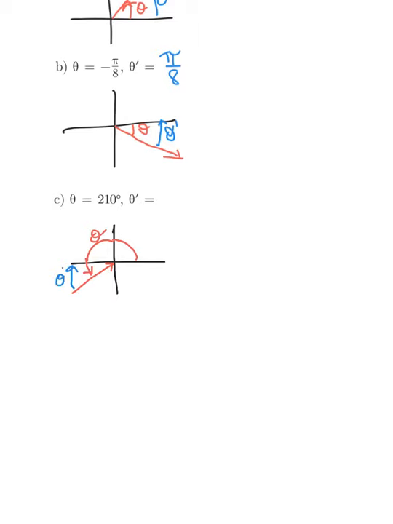There's theta prime. What we have to think about is how big is that? Well, if you go from 0 to 180, how much farther do you have to go to get down here? You go 30 past that. So theta prime is 30 degrees.